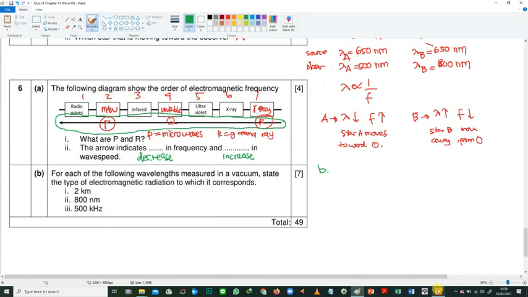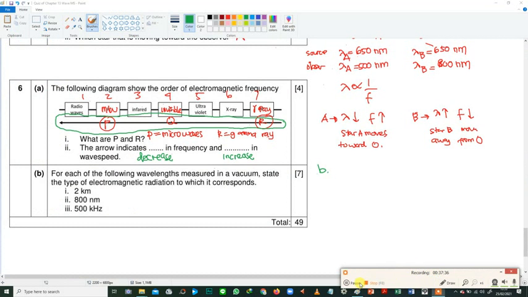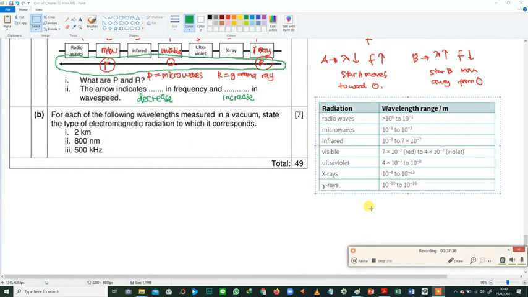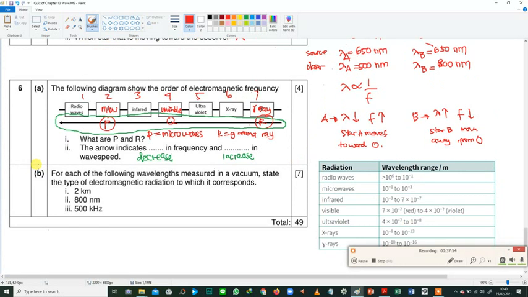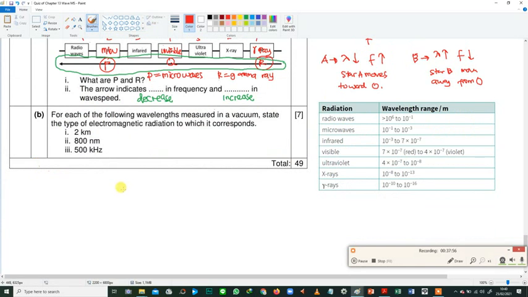Wait a minute, I'm going to show you the table. Okay, this is the table from the radio wave until the gamma ray. So let's find each one. It's 6B, and the I is 2 kilometer.